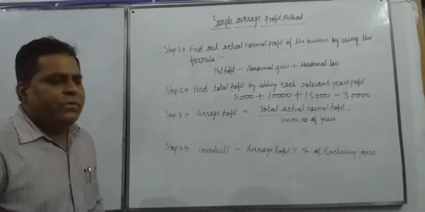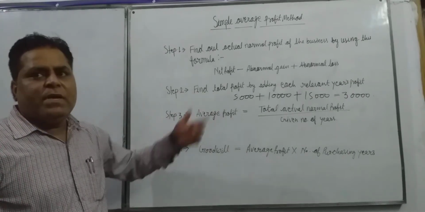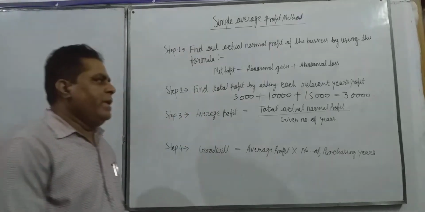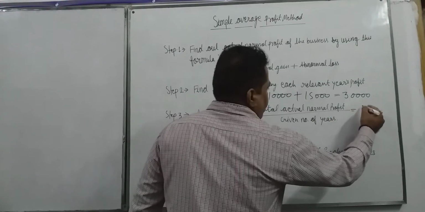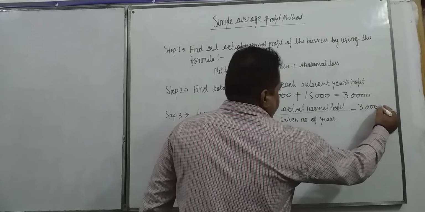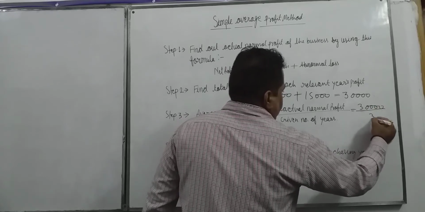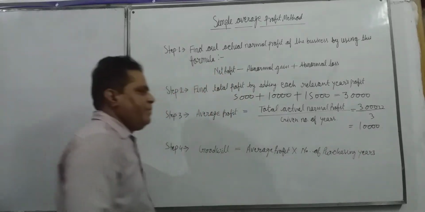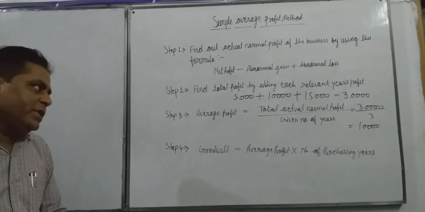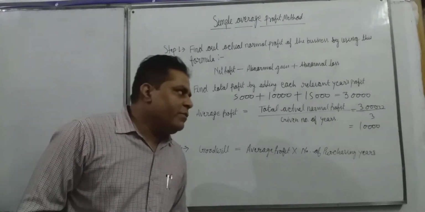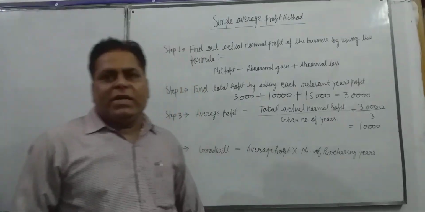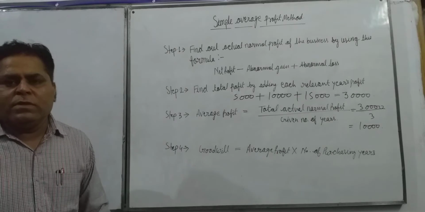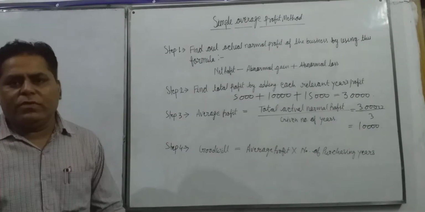So by getting this result from the second step, just divide this 30,000 by 3, and you will find the average profit for 3 years. If you require 4 years' average profit, divide by 4. The question will state how many years' profit you require for the valuation of goodwill.